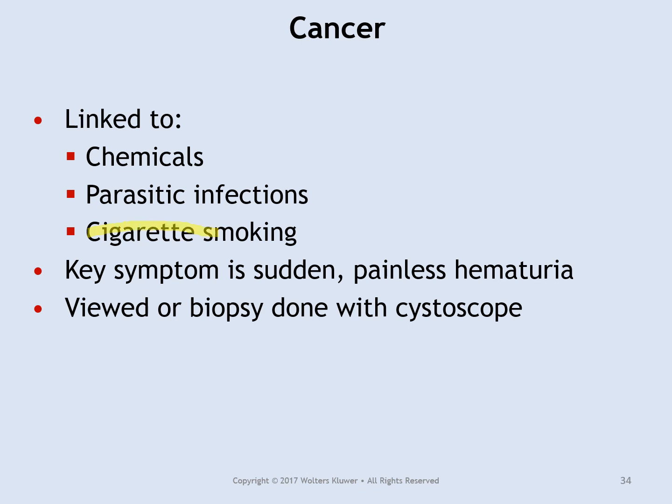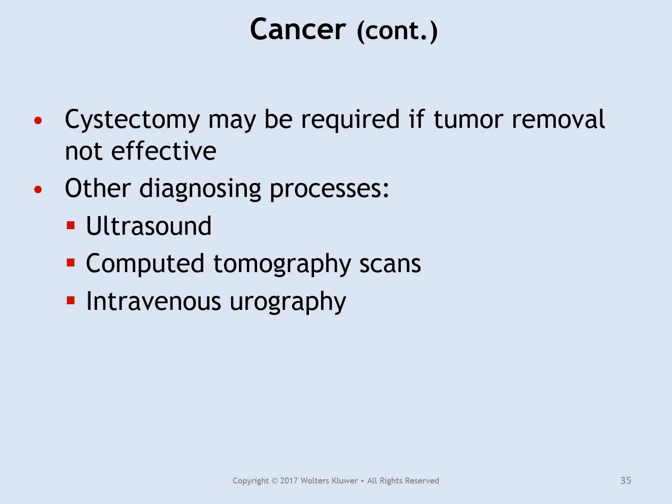Cigarette smoking, again, a big cause of kidney cancers. And hematuria, or blood in the urine, can certainly be indicative of a cancerous condition. And you can do a biopsy with a cystoscope to see if there are cancerous cells.